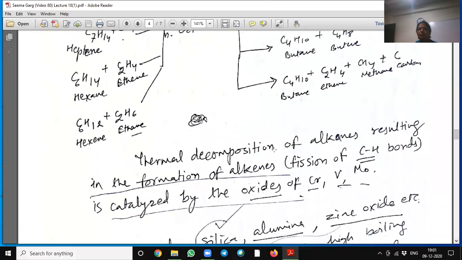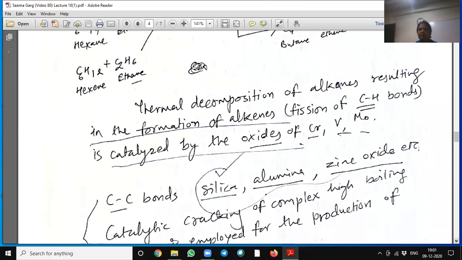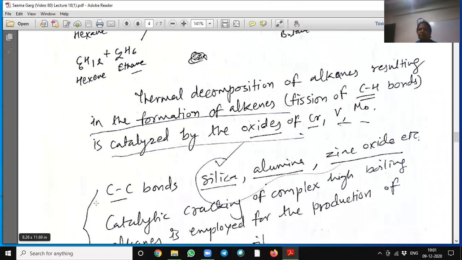Thermal decomposition of alkanes resulting in the formation of alkenes, fission of carbon-hydrogen bonds is catalyzed by the oxides of chromium, vanadium, molybdenum, whereas carbon-carbon bonds are broken by using silica, alumina, zinc oxide, etc.